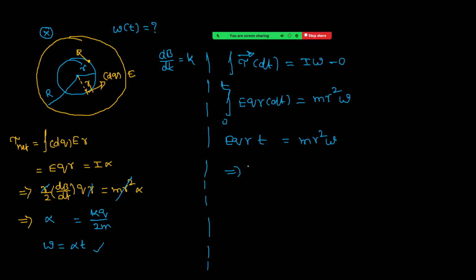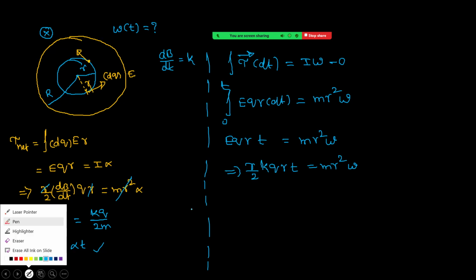In the place of E, writing R by 2 into dB by dt. We have taken that as a constant, that is k. I'm writing here into q into r into t, that is equal to mR squared into omega. Right? Now simplify this. So we get the same answer, right?